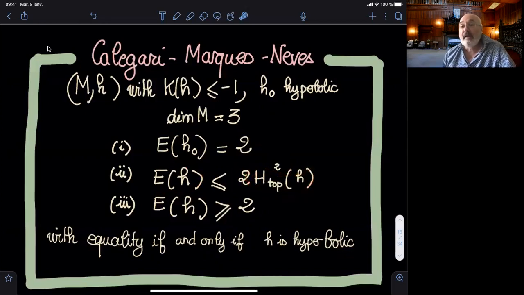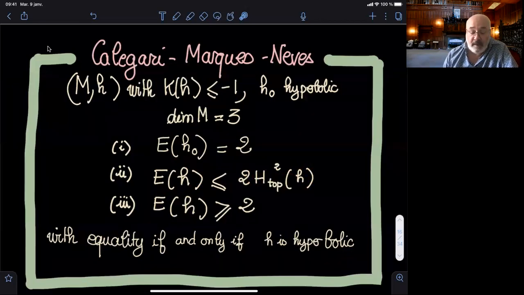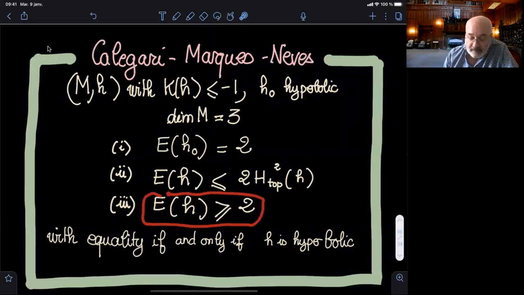So it's a correct unit. And what is the most interesting part in the result is the fact that you have this inequality, and you have equality. So this quantity is greater than 2, and the equality holds only if this H is hyperbolic.